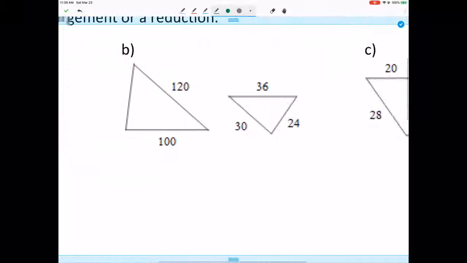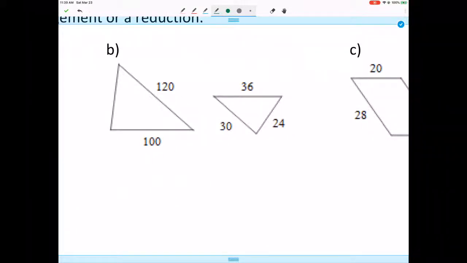Okay, next one. This one is kind of tricky too. Like I said, I hope on the homework and the test it'll be more obvious, but you would need to find corresponding sides. Obviously we don't know which one this is, and that would help us a lot.